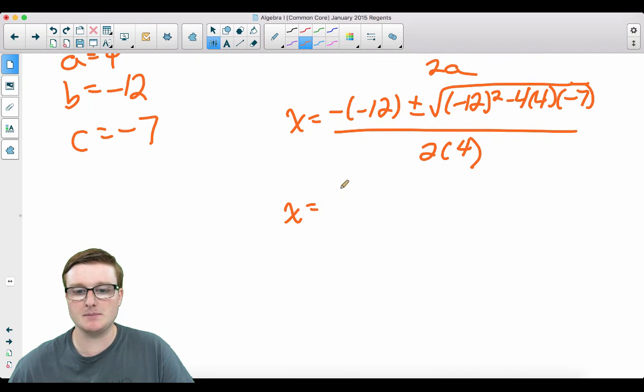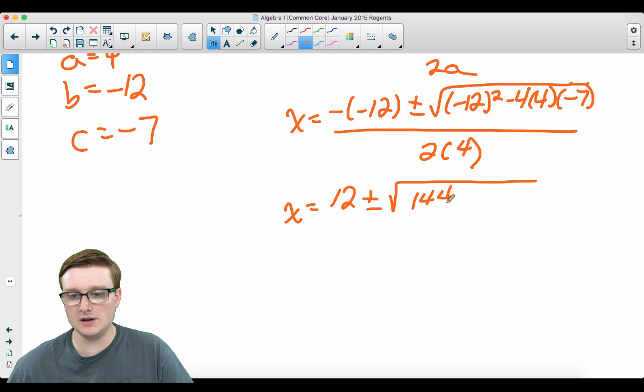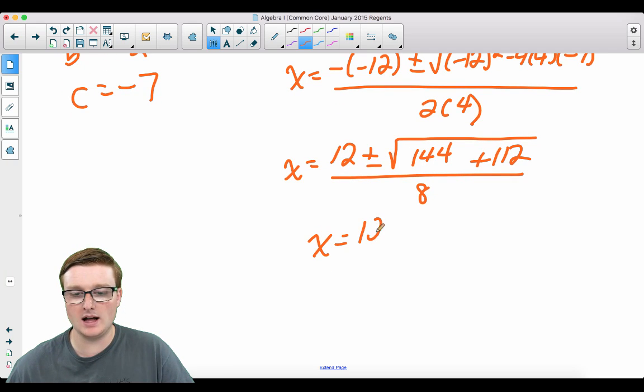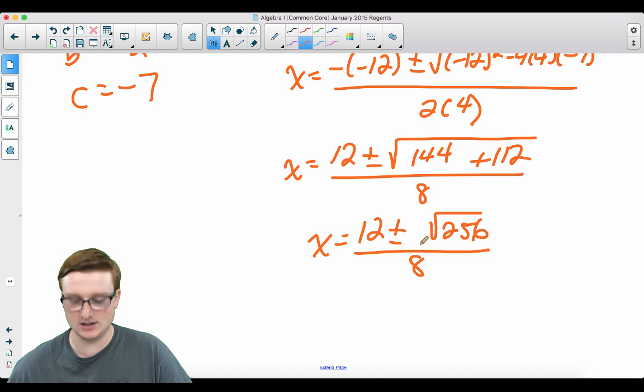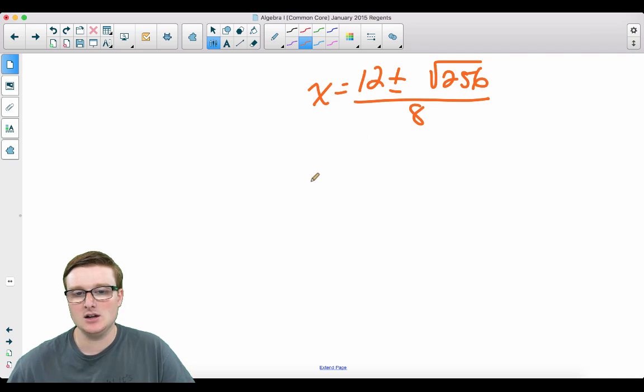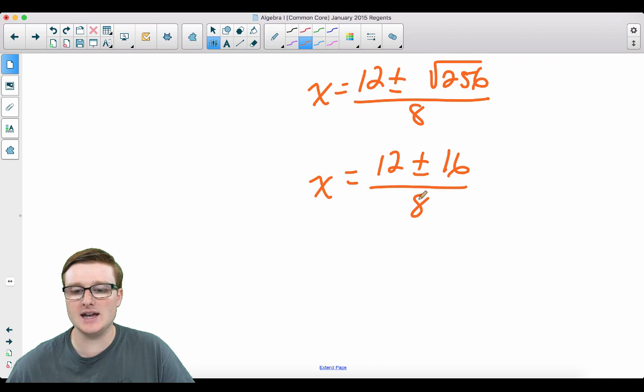So we get x is equal to positive 12 plus minus the square root of 144 plus 112 all over 8. Okay? So now we get x is equal to 12 plus minus radical 256 all over 8. Well, the square root of 256 is equal to 16. So we get x is equal to 12 plus minus 16 all over 8.